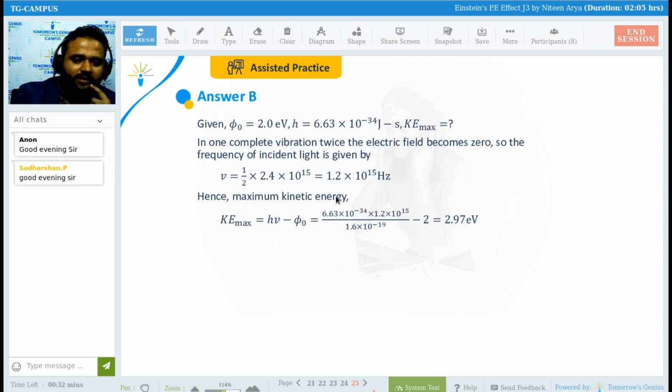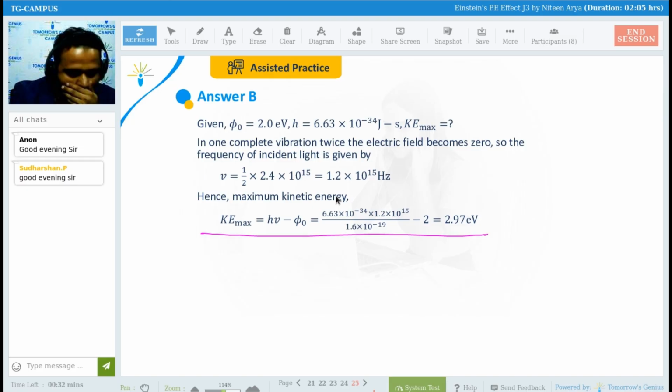In this way. Given work function 2 electron volt, h is this, E max you need to find. So E max is h nu minus the work function. The frequency is, sorry, 1.2 into this. Okay.